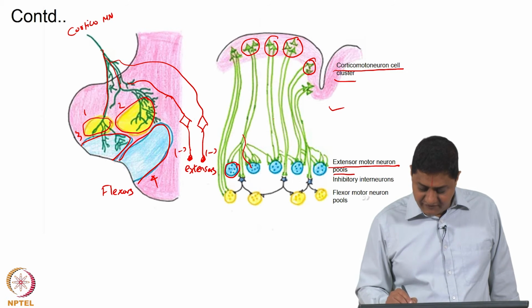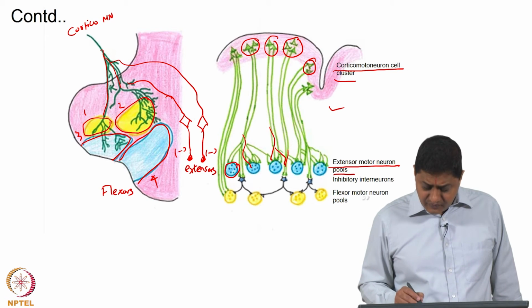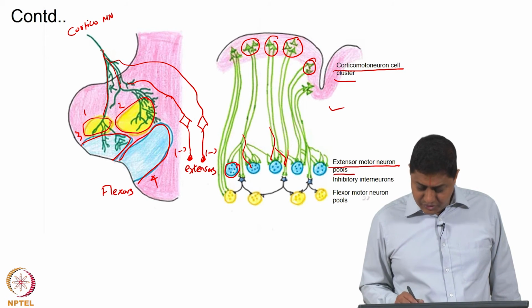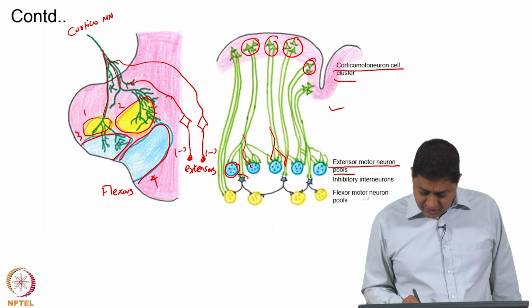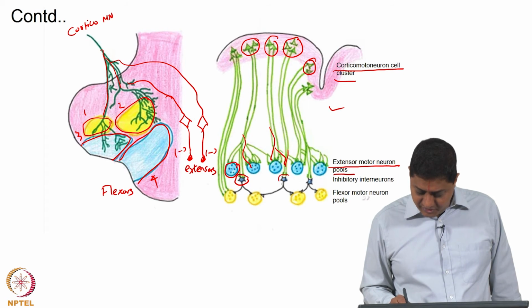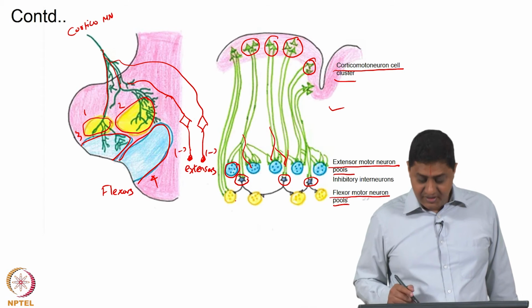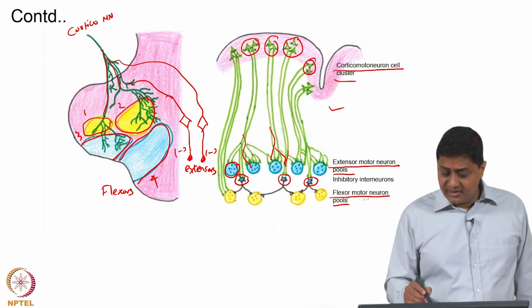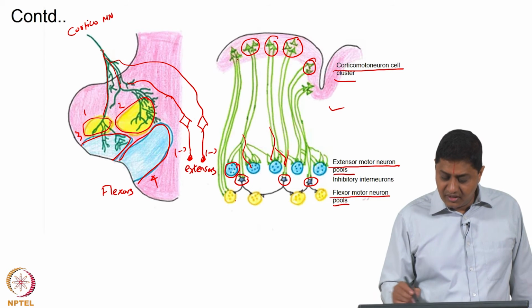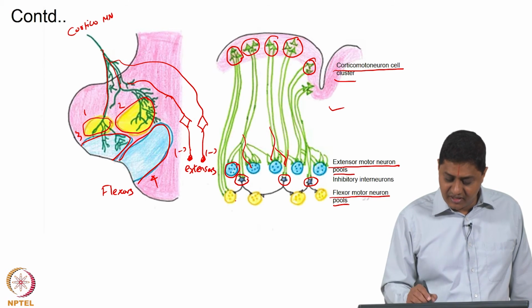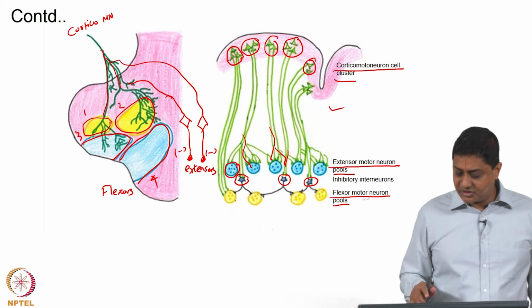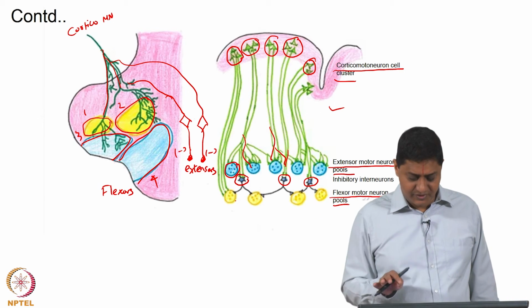So, there is divergence here, and what is also shown is that through inhibitory interneurons here, they also inhibit the activity of the flexors, the antagonists. What is not shown is that these flexors are also receiving inputs from different clusters of corticomotor neurons, and they are also inhibiting the extensors and so on and so forth.